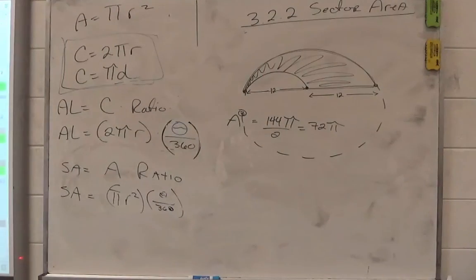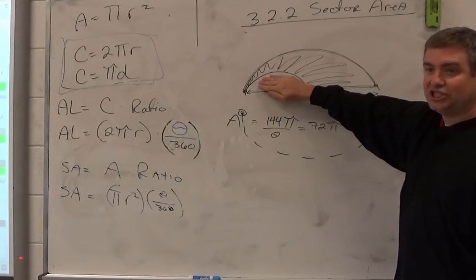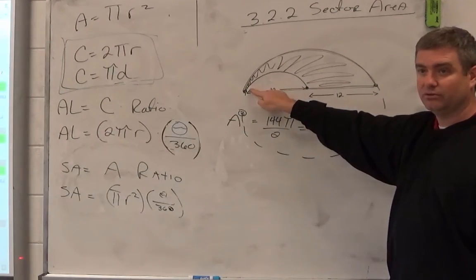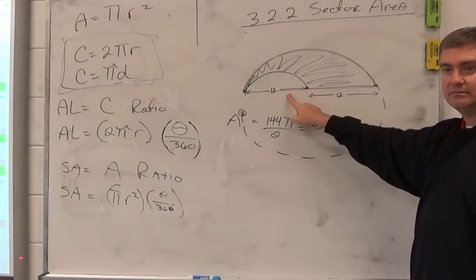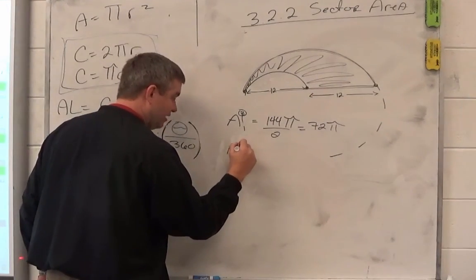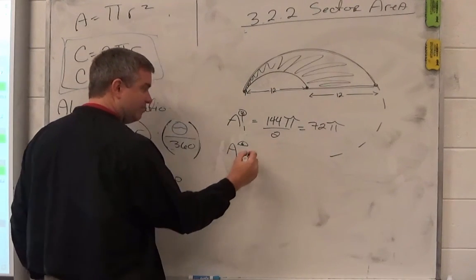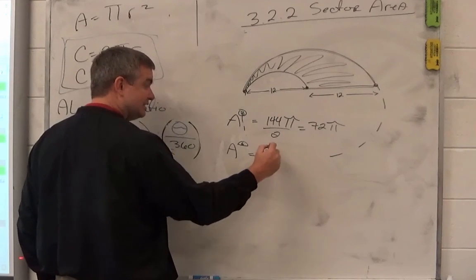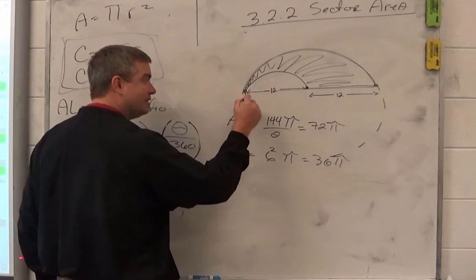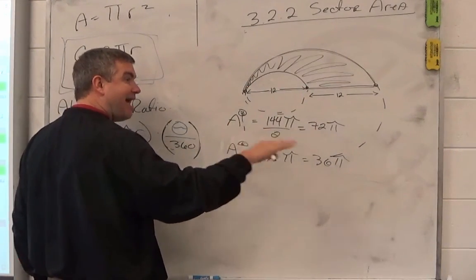So now we need to subtract out this amount right here. That's not shaded. So how can I figure out the area of this semicircle? Well, what's the radius? 6. The area of this little semicircle right here, what would it be? Well, the radius is 6. 6 squared times pi is just 36 pi. But that would be of the entire thing. So what do I need to do? I need to half that.